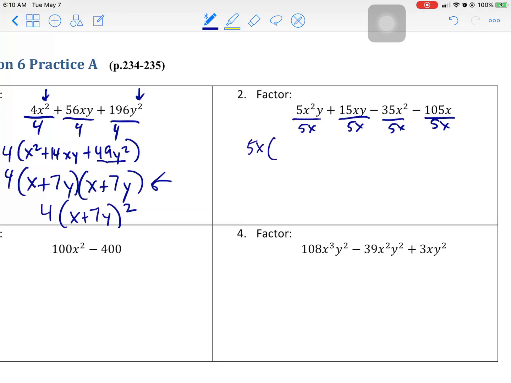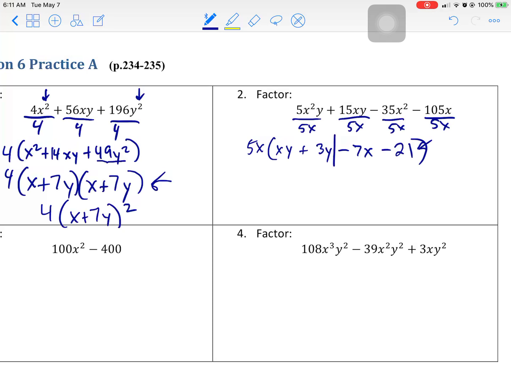All right, take a 5x out of this, you get xy left over, plus 3y, minus 7x, minus 21. All right, we look at the 4-term. There's a constant term at the end, so that's probably a good order to try.